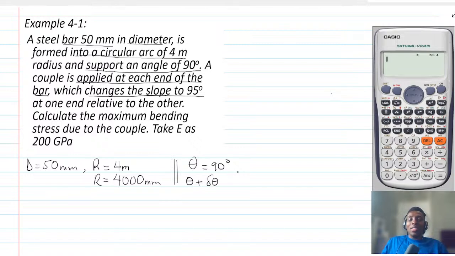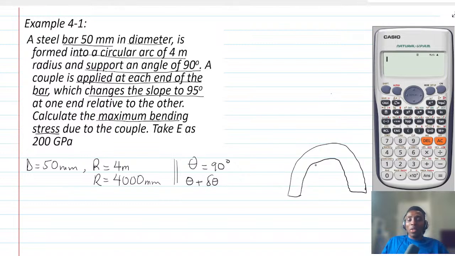Let's say that you have a bar which is already here like this, and then you subject this bar to some form of bending, or you apply some couple or bending moment, so that the angle that is formed here further increases. Okay, so basically that's all you are saying.